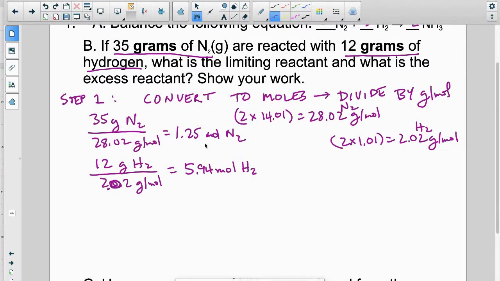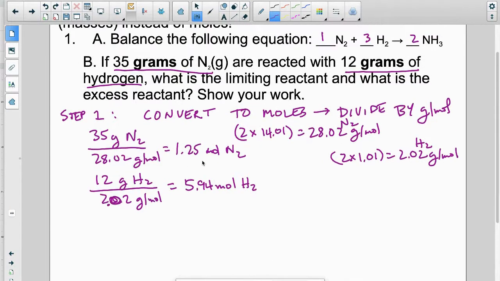All right, so now we want to figure out which one is the limiting reactant. Before we can go on to our BCA table and fill it out, this question asks us to identify which is excess and which is the limiting reactant. We can't fill in the BCA table correctly unless we know which of these is going to limit our reaction. So if we look here, 1 mole of nitrogen reacts with 3 moles of hydrogen.